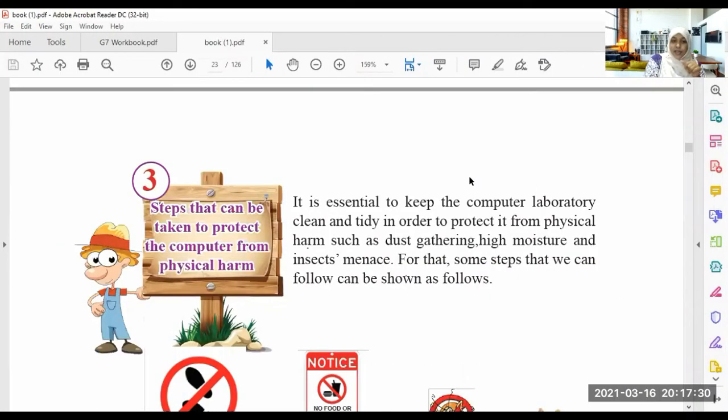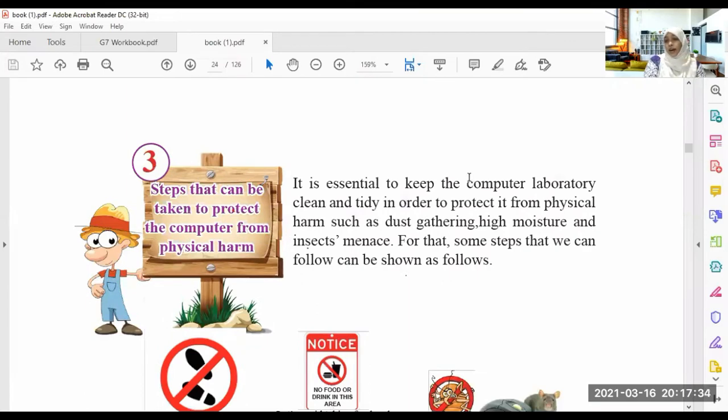Next one, steps that can be taken to protect the computer from physical harms. What are physical harms? For example, it is essential to keep the computer laboratory clean and tidy in order to protect it from physical harm such as dust gathering, high moisture, and insect menace. For that, some steps that we can follow can be shown as follows.